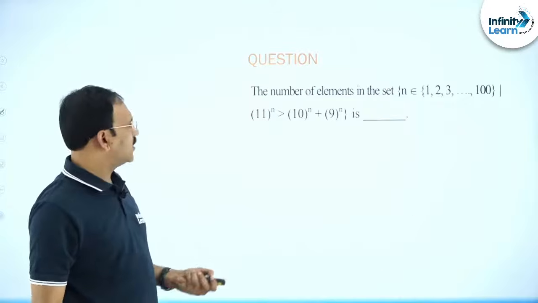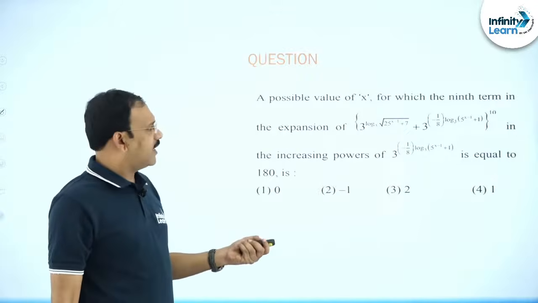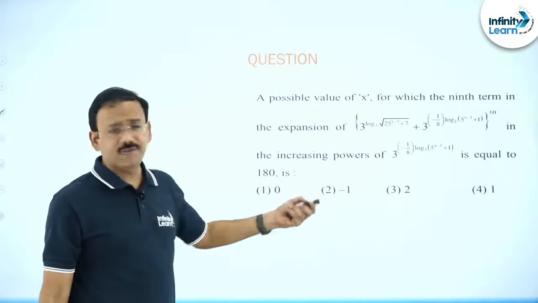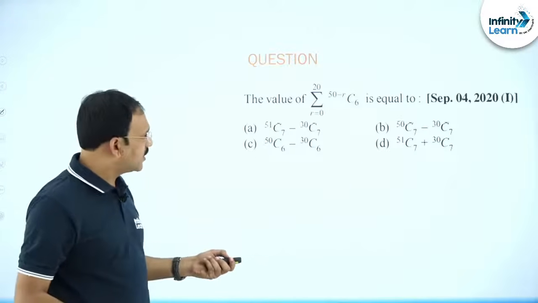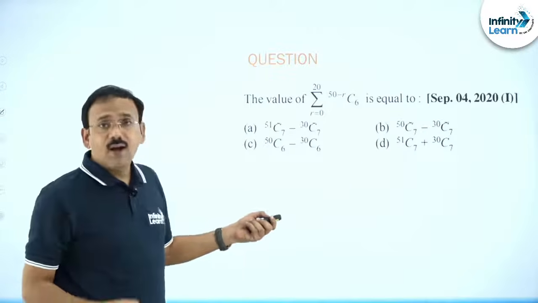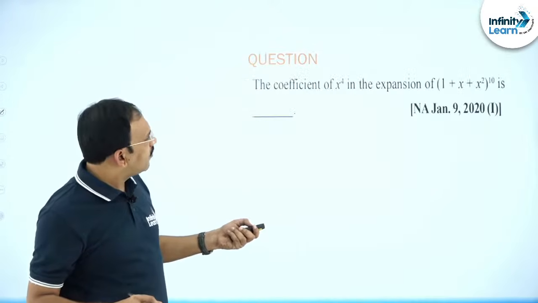After that, I have given some more typical questions, which can also be done with a bit of calculation only. Then only a few questions are given from properties of binomial coefficients.